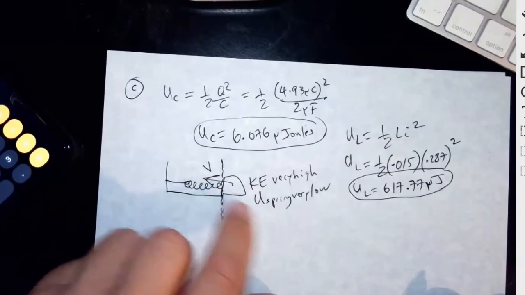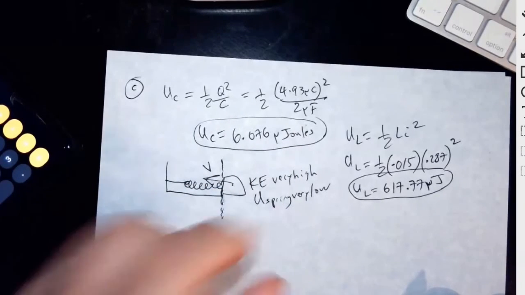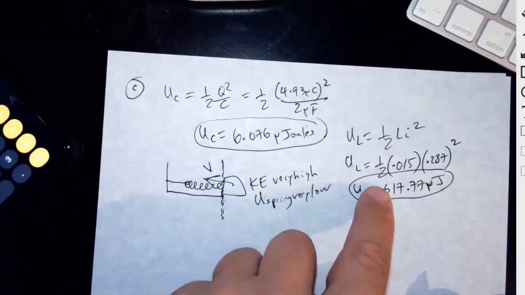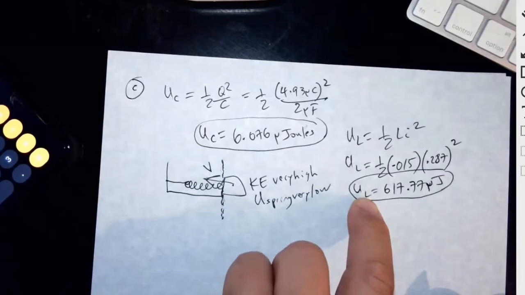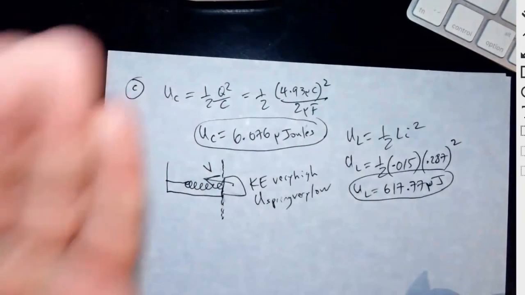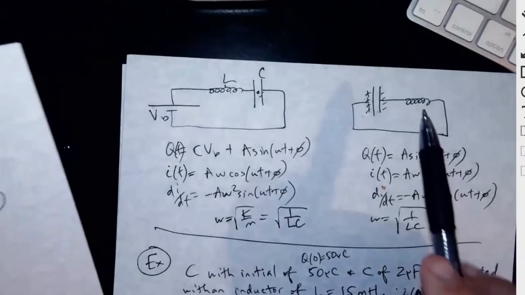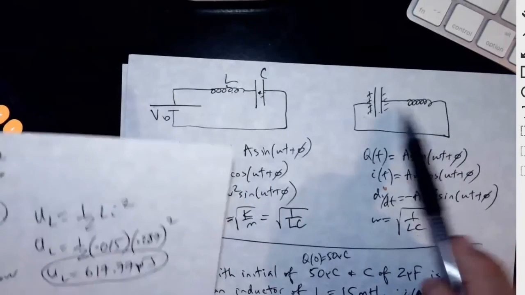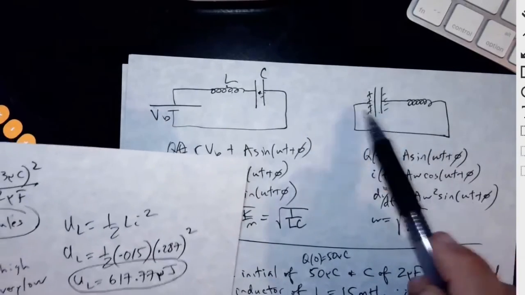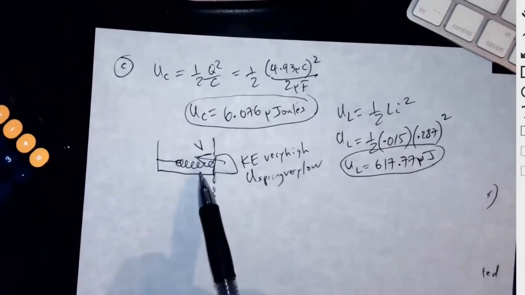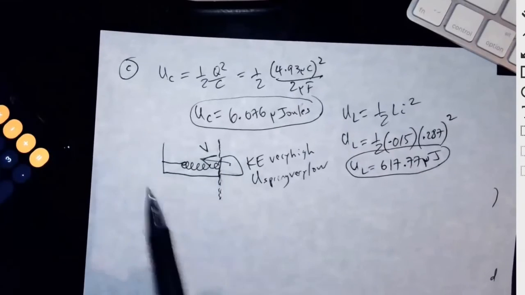So that would be equivalent to the potential energy of the spring being very low near its equilibrium position. And then the kinetic energy of the inductor, right, is very high. That means we are at the natural equilibrium position of the inductor capacitor system. It's just harder to see it for an electrical system because there's no motion actually going on, you see. With a block and a spring, it's easier to actually see that.